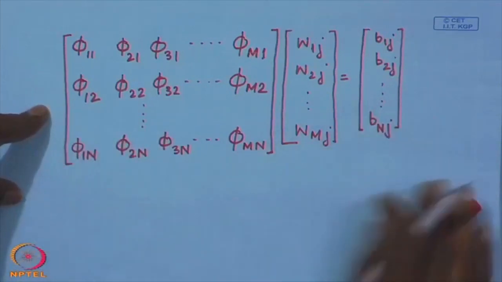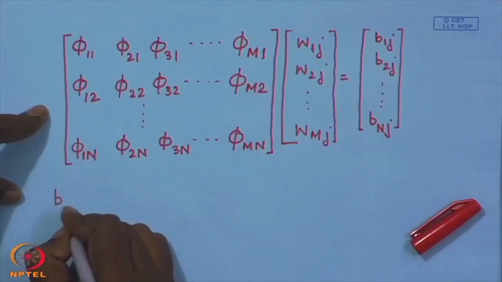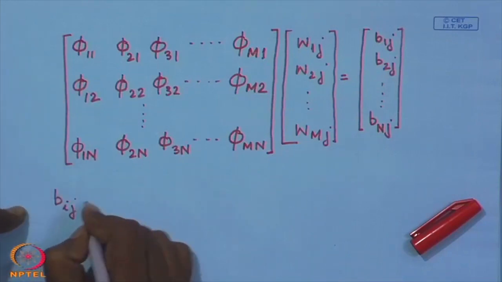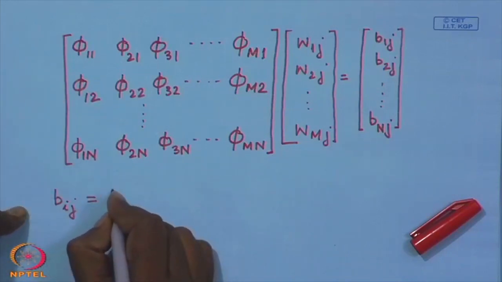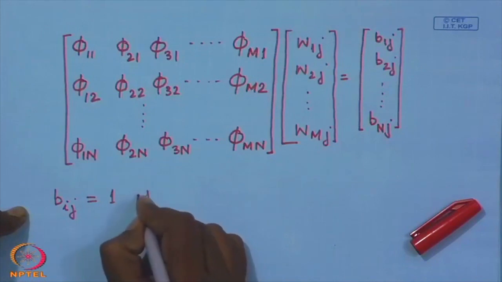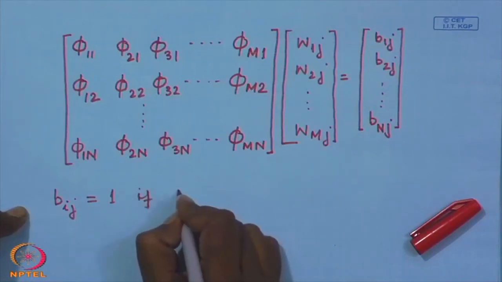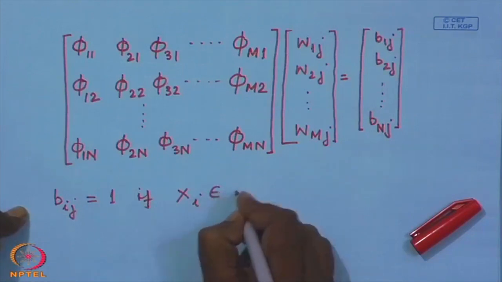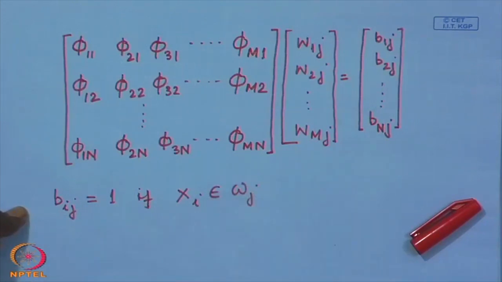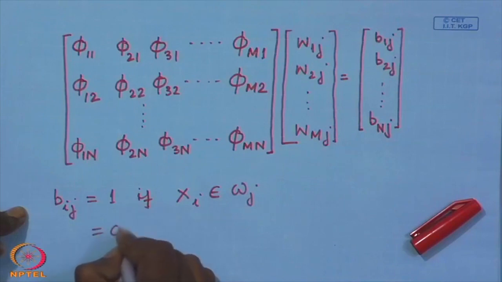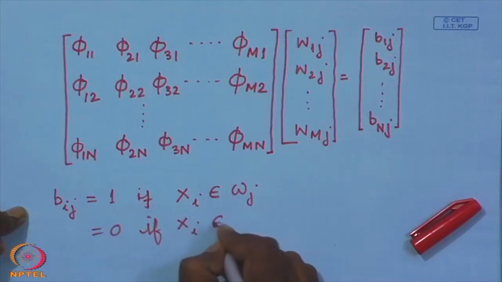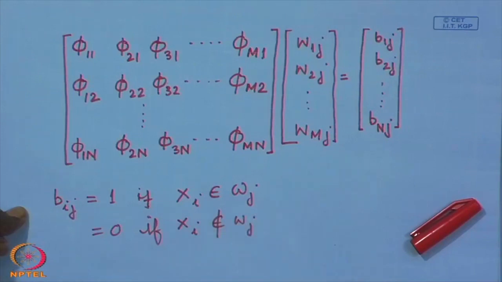So, every B I j will assume a binary value, either 0 or 1. So, this B I j will be equal to 1 if the corresponding input vector x I belongs to class omega j, the jth class, or it will be equal to 0 if x I does not belong to omega j.